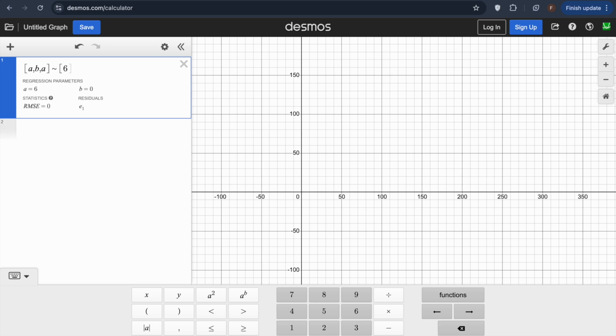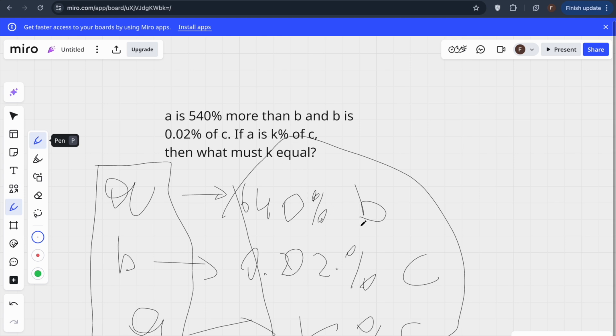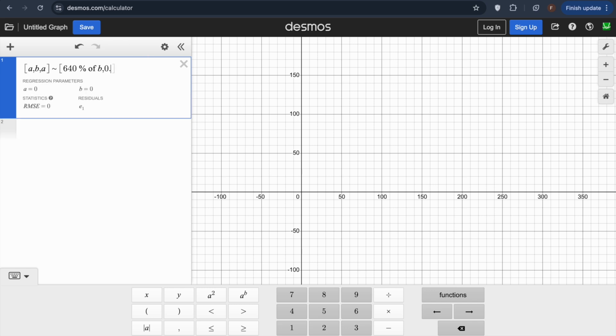We first put the number 640, and then if you use Mac, you should tap Shift and then tap percentage, and it would show percentage of. And if it would be B, then B is equal to 0.02% of C.